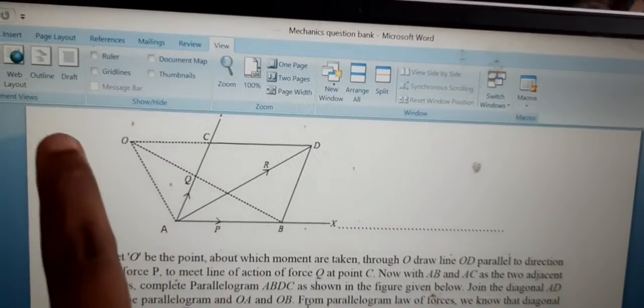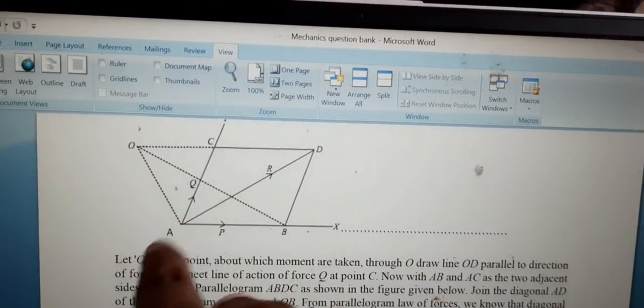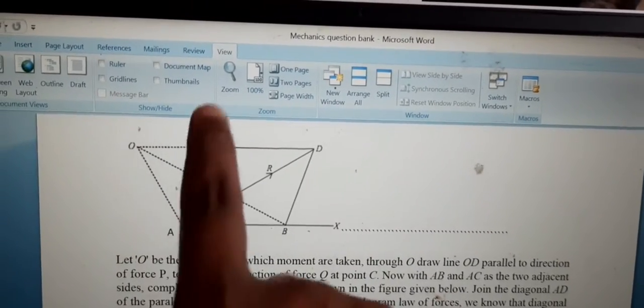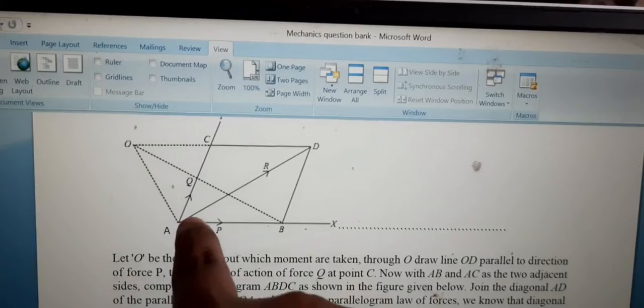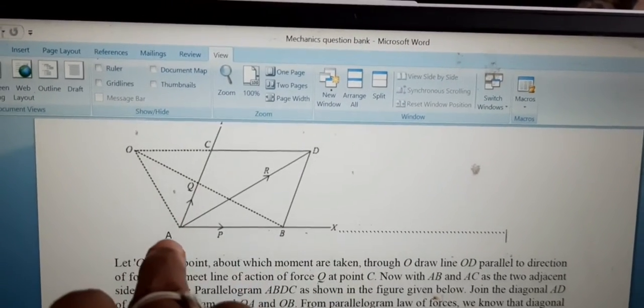Next, the area of triangle AOD equals the area of triangle AOC plus the area of triangle ACD, which is equal to the area of triangle AOC plus the area of triangle AOB.